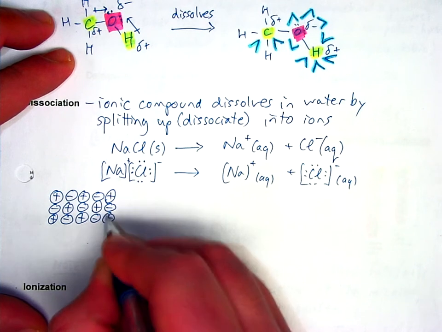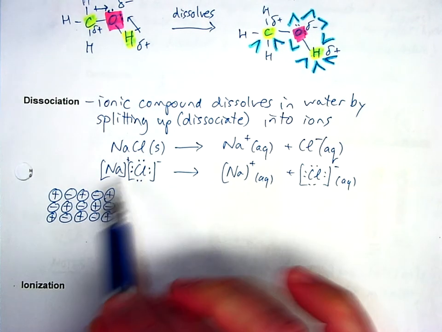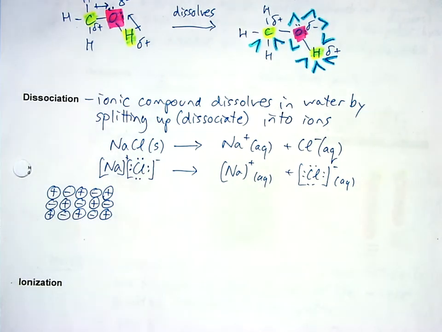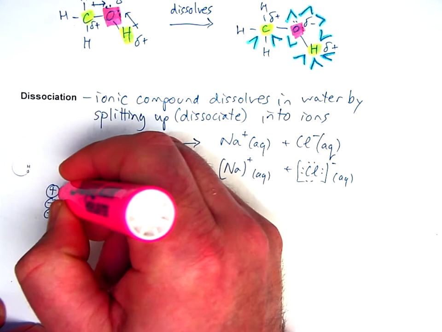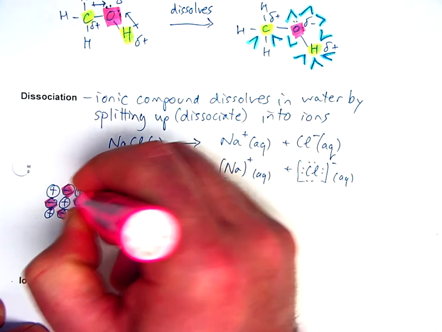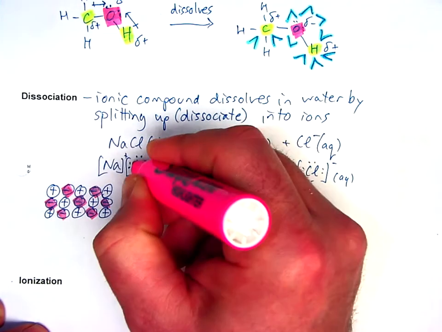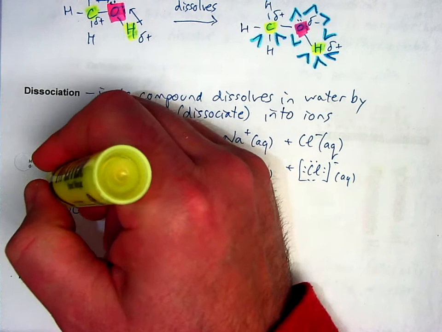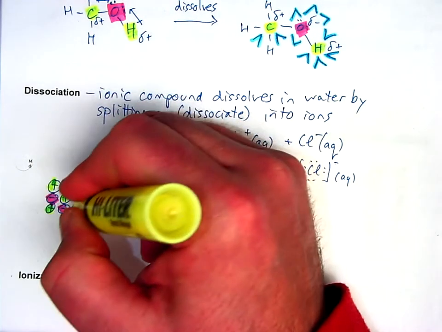They are strongly attracted to each other, but they are separate particles. These would be the negative ones, full negative charges, like we would see with chloride, and full positive charges, like we see with the sodium.